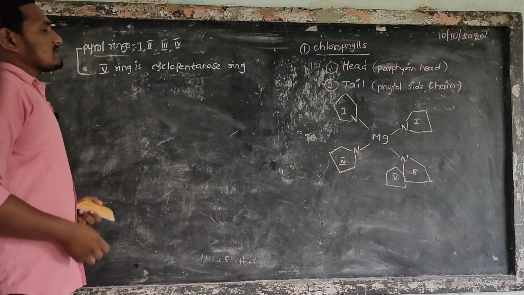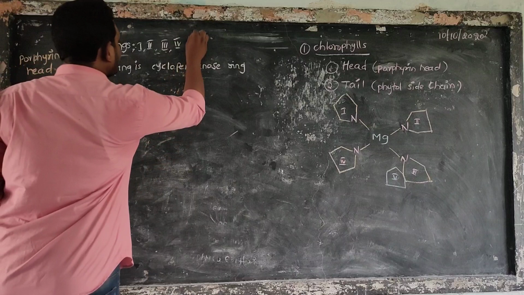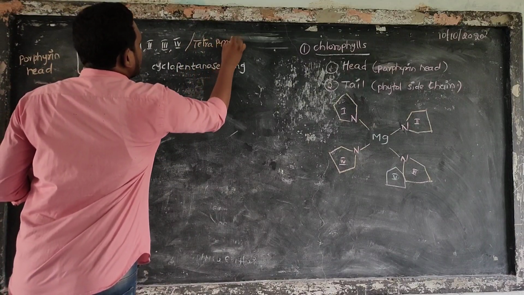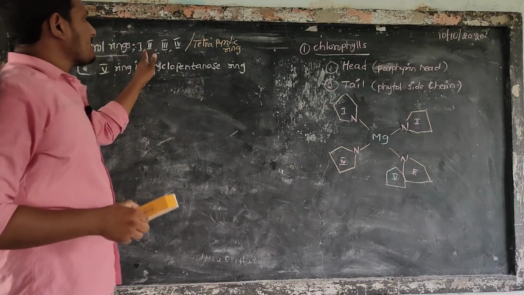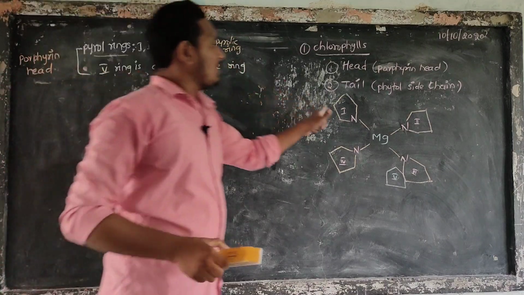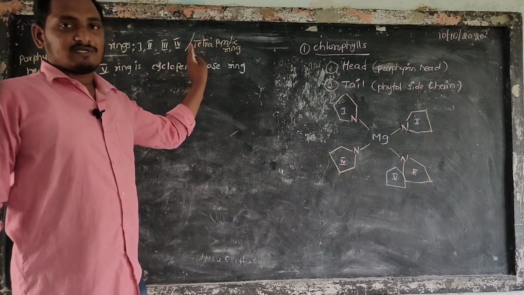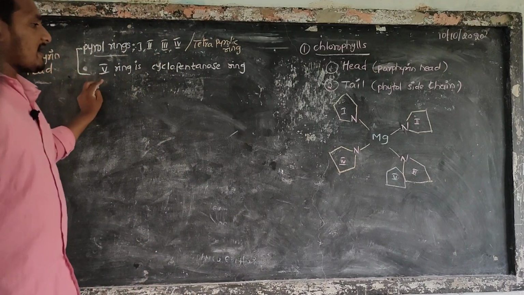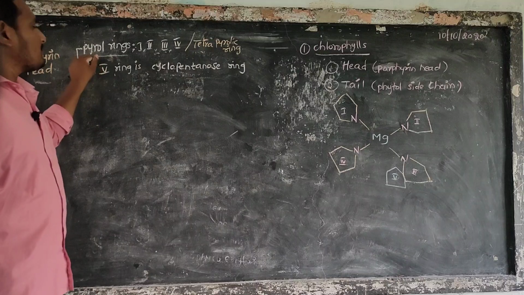These pyrrole rings are also called tetrapyrrolic rings, because there are 4 rings, tetra meaning 4. The fifth ring is called the cyclopentanone ring.